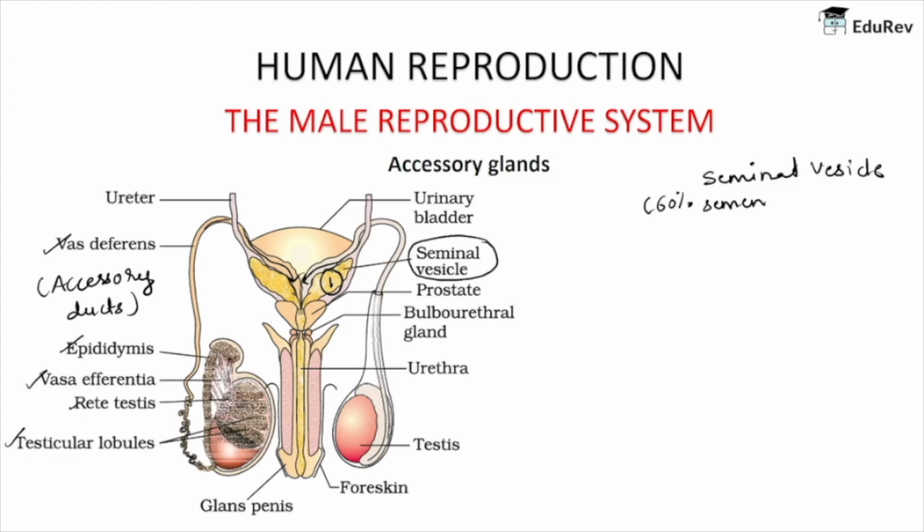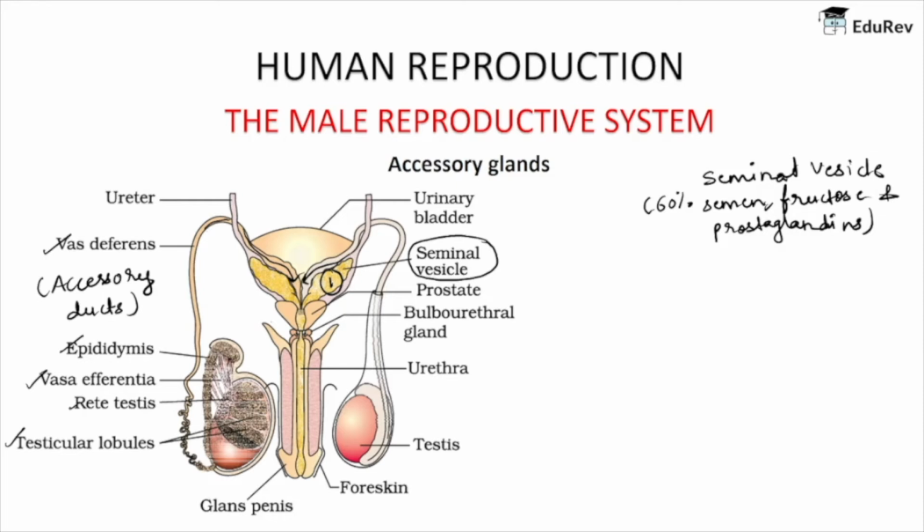Apart from that, it also secretes sugars such as fructose and prostaglandins. Yes. So this is about the seminal vesicle. Now you know that 60% of the fluid for the sperm is secreted by the seminal vesicle. Now the sperm moves to the next part.